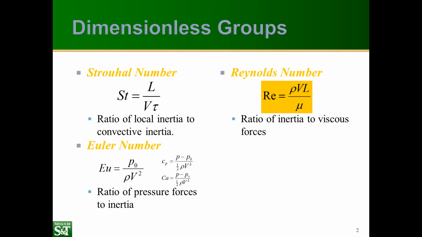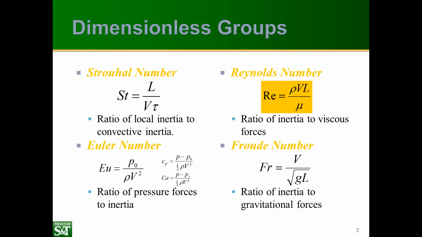And again, it's important for almost all types of flow that we're going to see in this class. We also can describe the Froude number. Now the Froude number is the ratio of fluid inertia to gravity forces. Typically it's important for flows that involve a free surface, like an open channel or a ship moving on water or something of that nature.